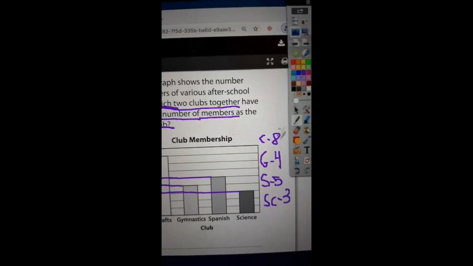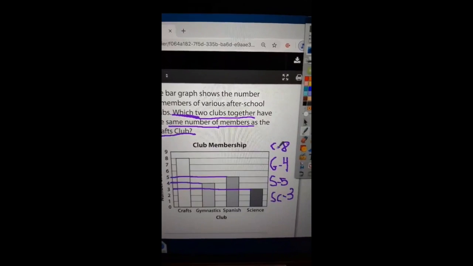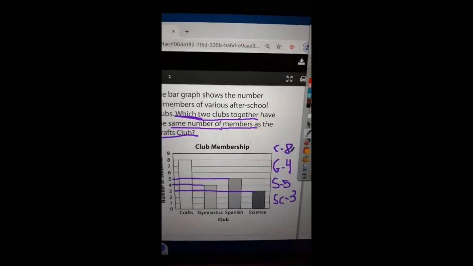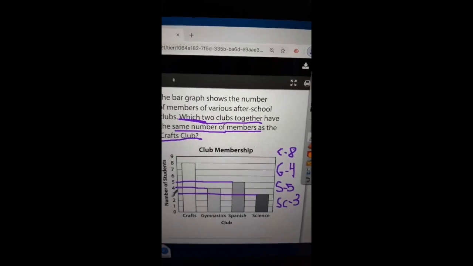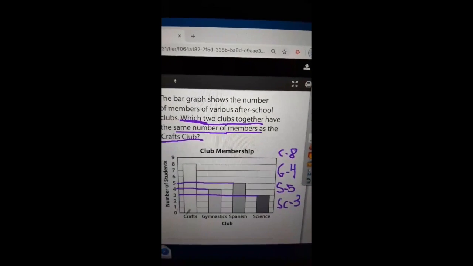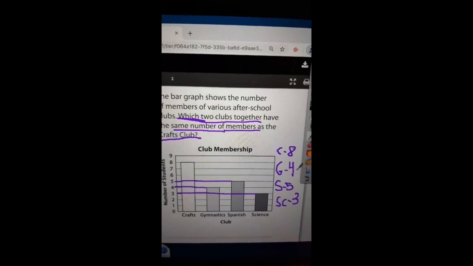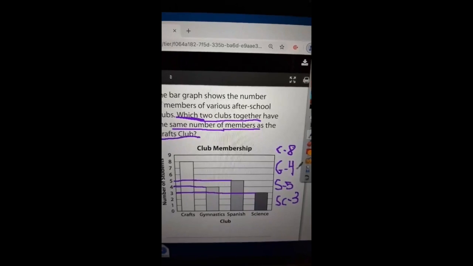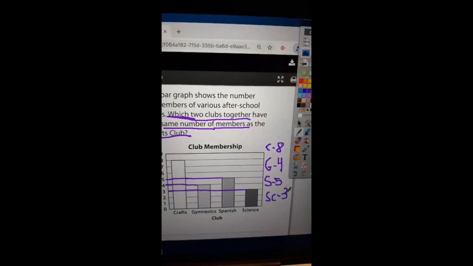Which 2 groups can we put together? Okay, boys and girls, we know that the crafts club has a total of 8 students because it shows us in the frequency table. We know that gymnastics club has 4 students, Spanish club has 5 students, science club has 3 students.